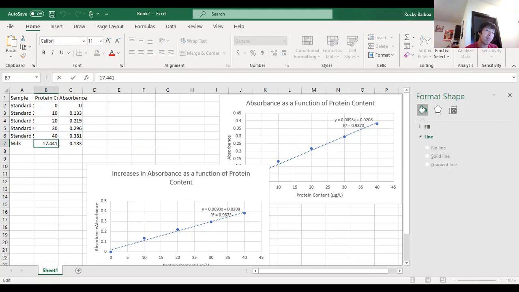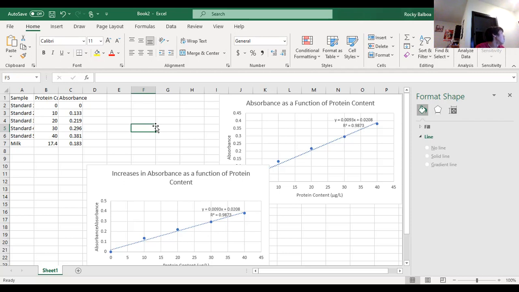Because we're looking at 3 sig figs, 17.4. And that's all of the math. Doesn't take that long.